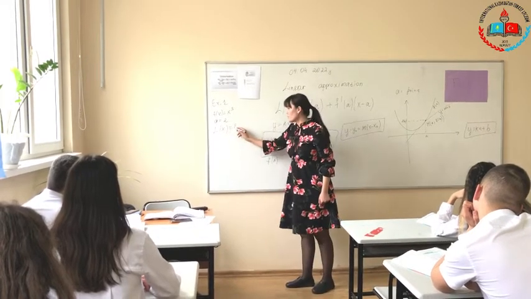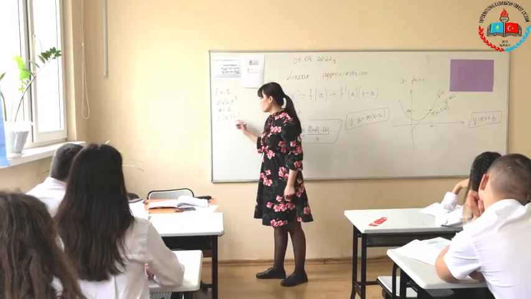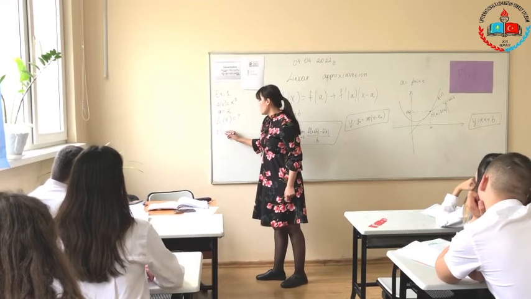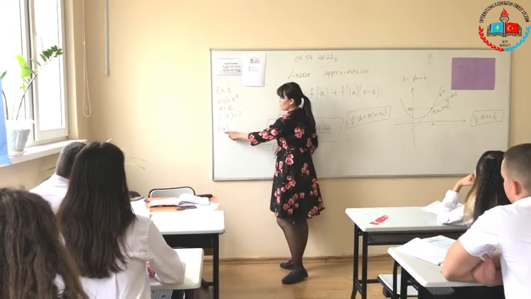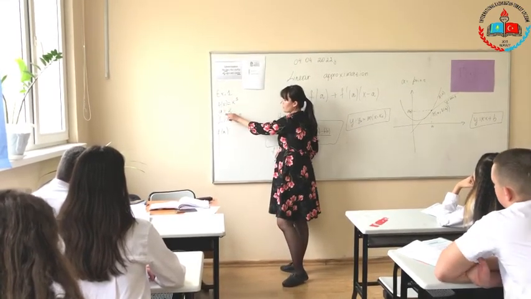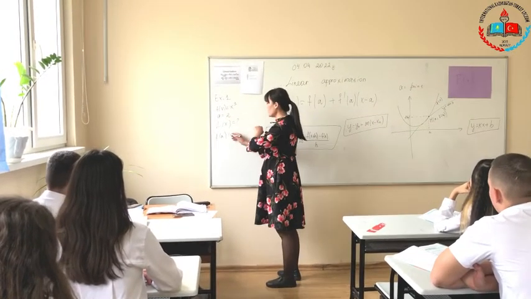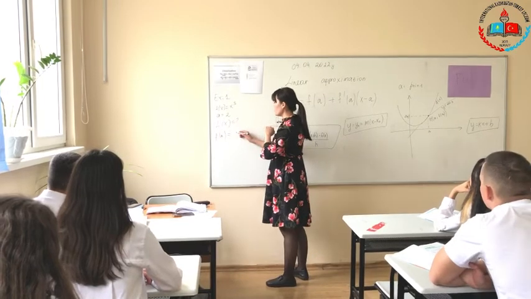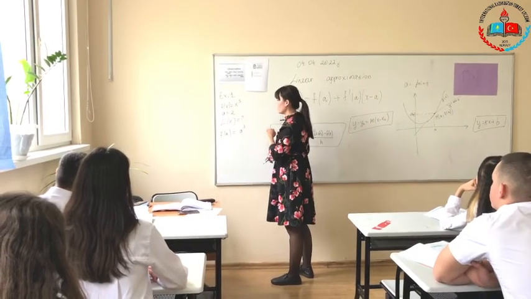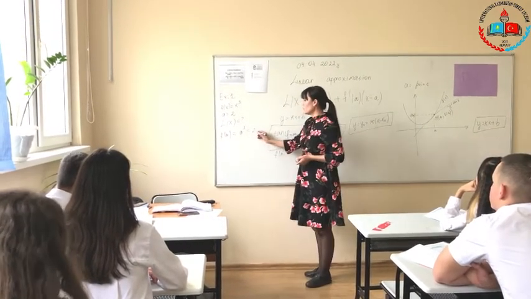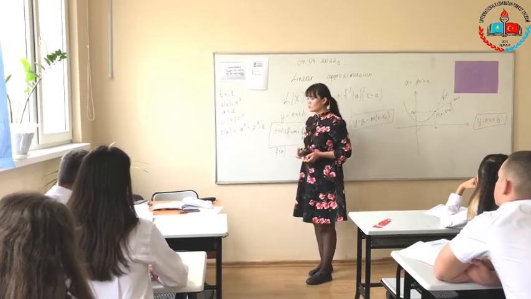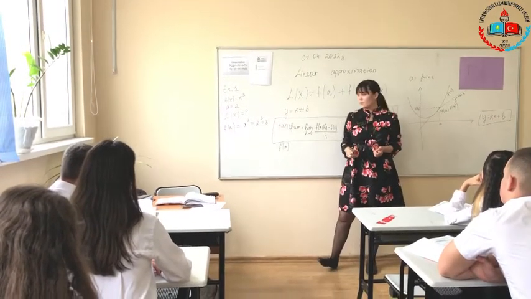L of x is equal, we don't know yet. So f of a is the value of our function at the point a. It means instead of x, we have to put a, right? So it will be a cubed, or 2 cubed, as you see, is equal to 8, right?